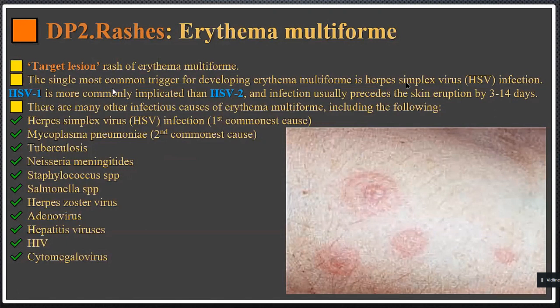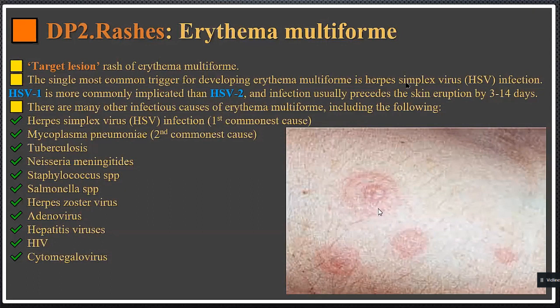We will discuss all 3. Both of them start with target lesion, which means erythema multiforme, the first, early presentation. The late presentation will be Stevens-Johnson syndrome, and if the body surface area involved is big, it will be toxic epidermal necrolysis. We will discuss that later.